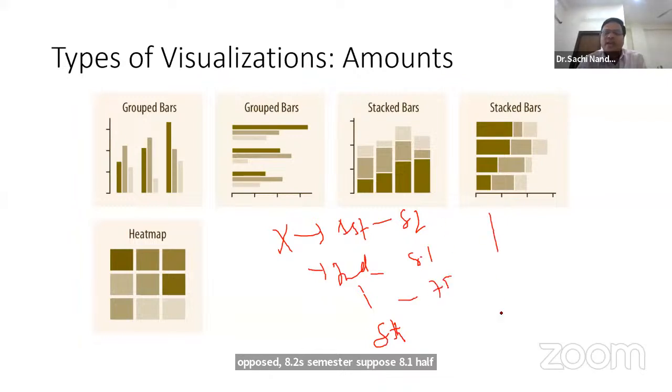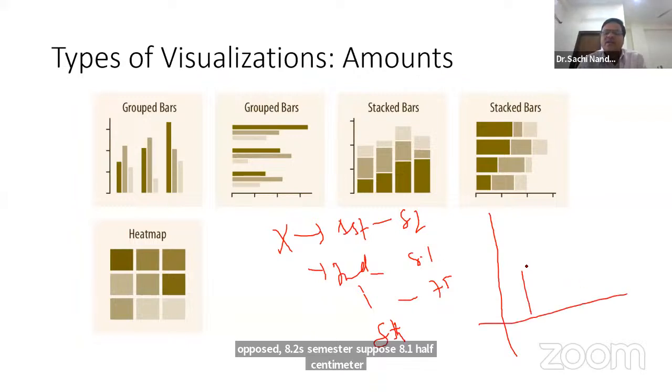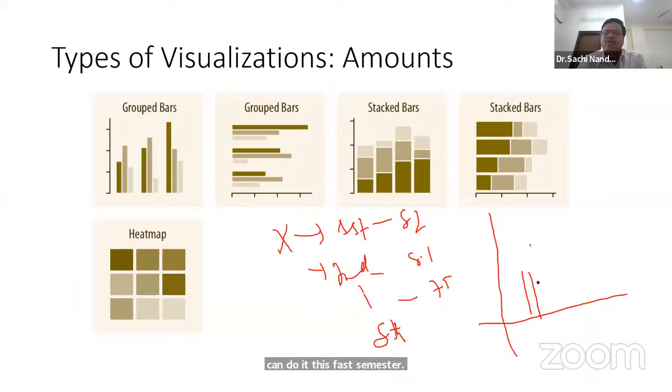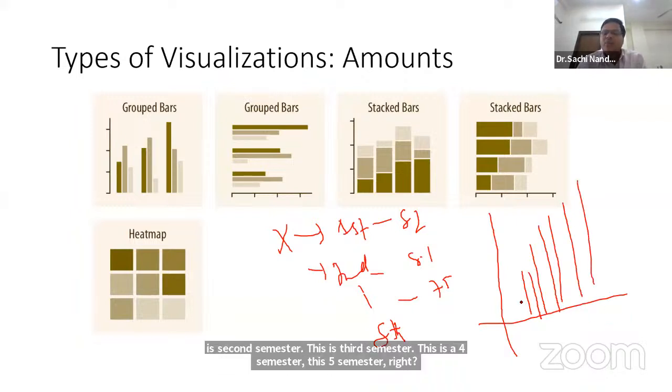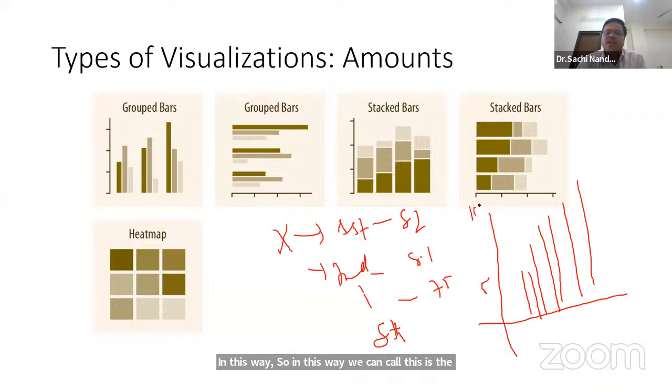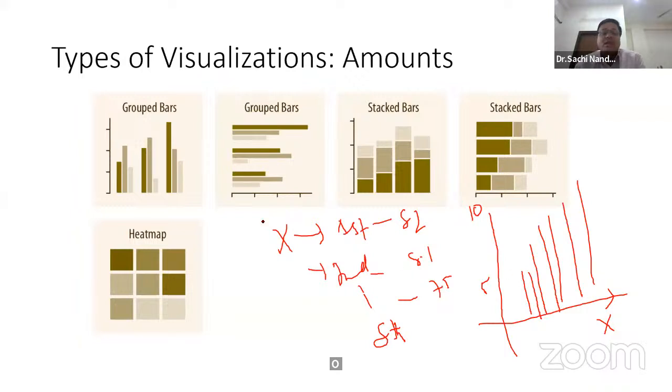So when you project, you can do it like this: this is first semester, this is second semester, this is third semester, this is fourth semester, this is fifth semester, right? In this way, 8 semesters you can do. So this is the CGPA up to 10, of X student, right? Similarly, Y student, Z student are there, right?